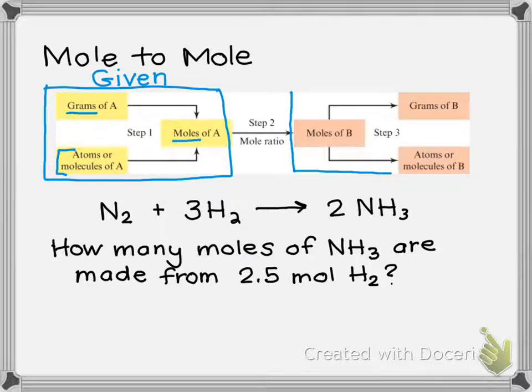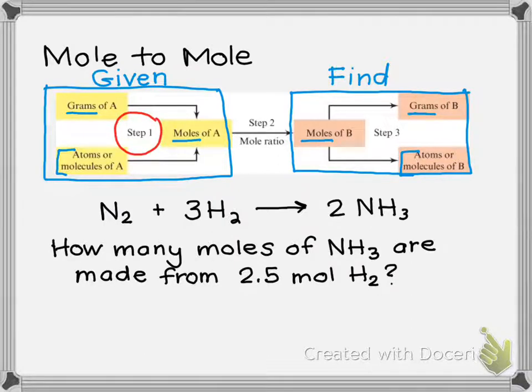And then over here, these are the units that they could ask you to find. So again, you see moles or grams or atoms or molecules. So in a complete problem, the most number of steps we could do, if you see in here, is step 1, step 2, and step 3.